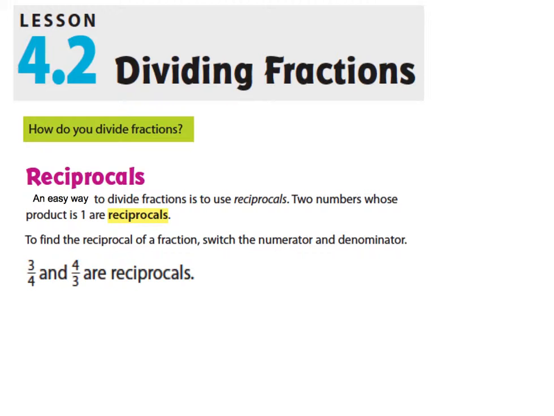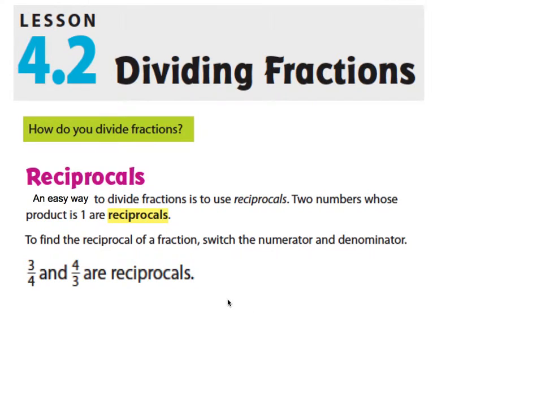So an easy way to divide fractions is to use something called reciprocals. Now reciprocals are two numbers whose product is 1. Okay? And what I mean by that is if you take a number and its reciprocal and multiply them together, your answer is 1. So mainly we're going to use this with fractions.